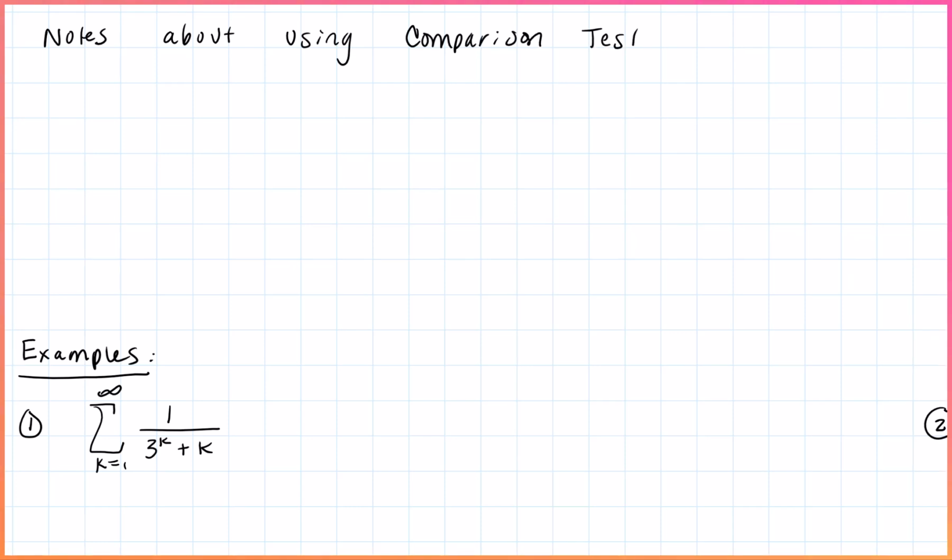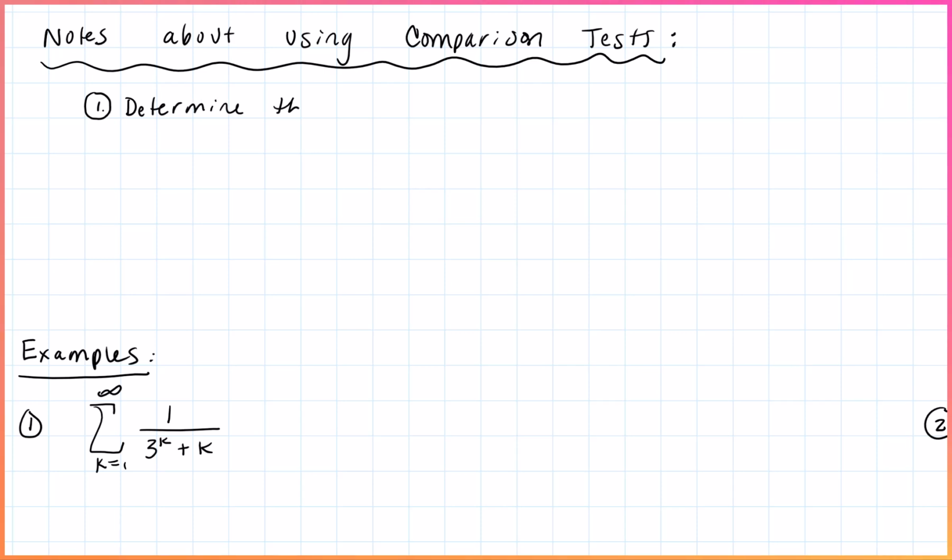We've only considered the direct comparison test, but we're also going to have a comparison test called the limit comparison test. Doesn't matter which of the two we're working with, the first thing we have to do is determine the series to be used to compare.